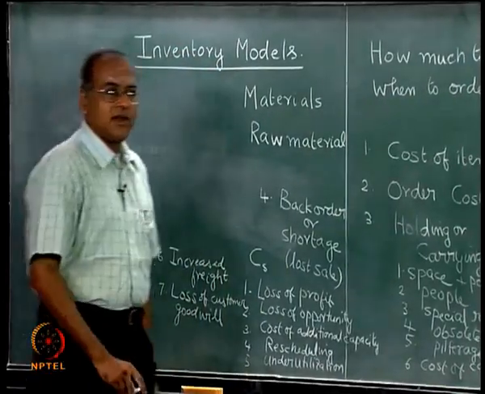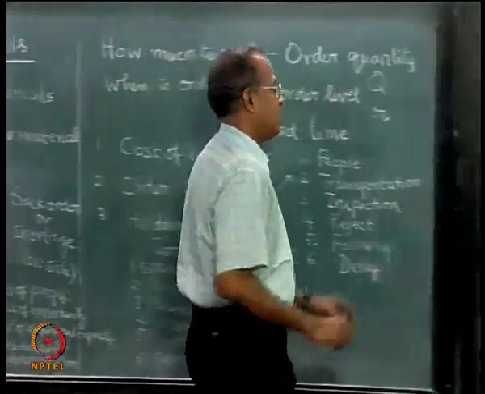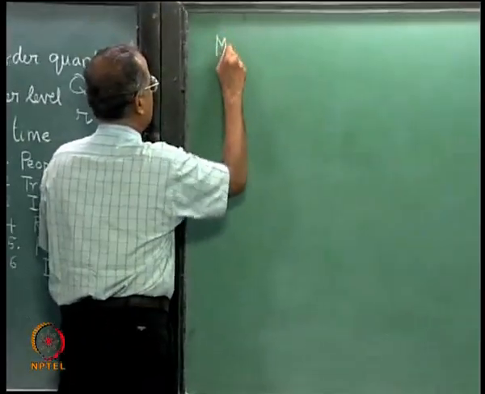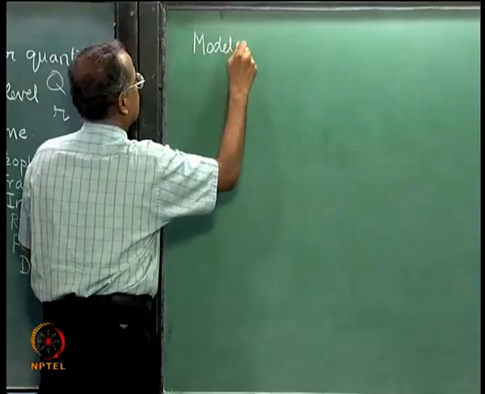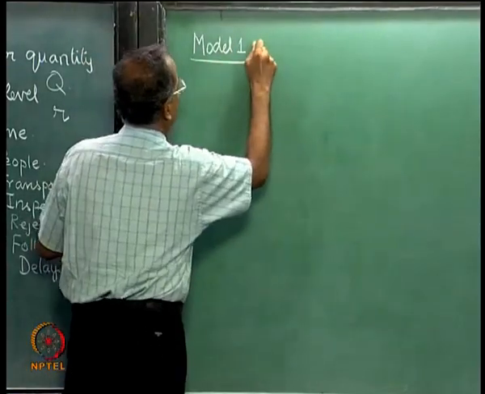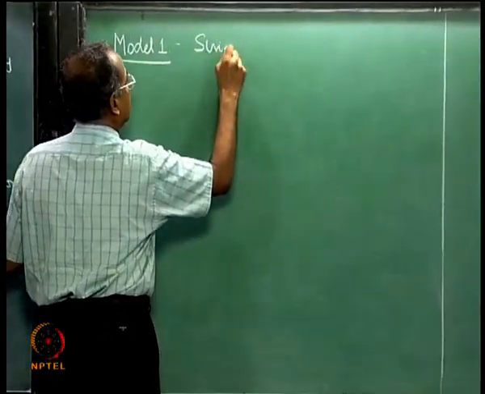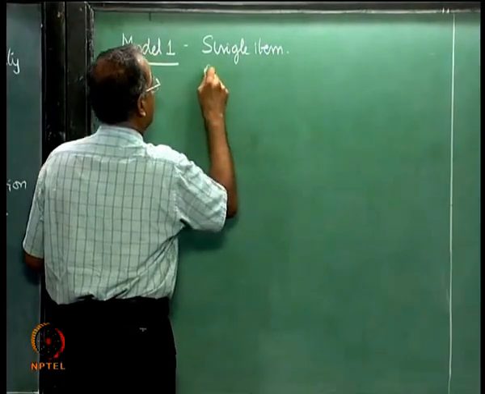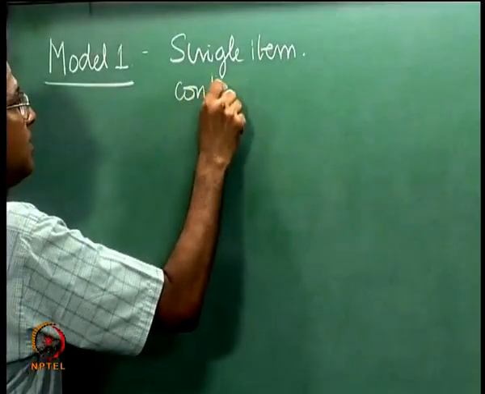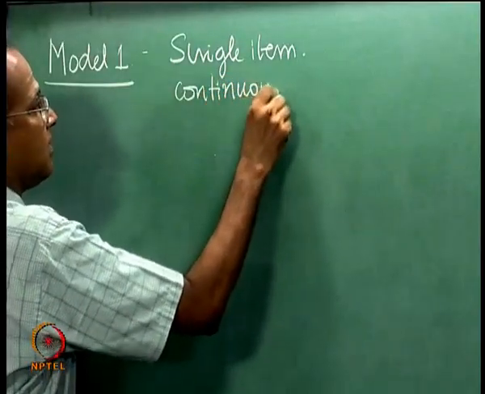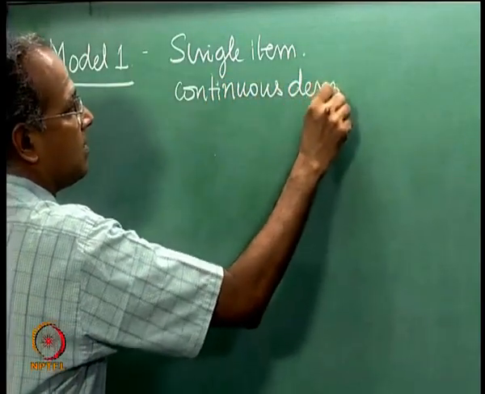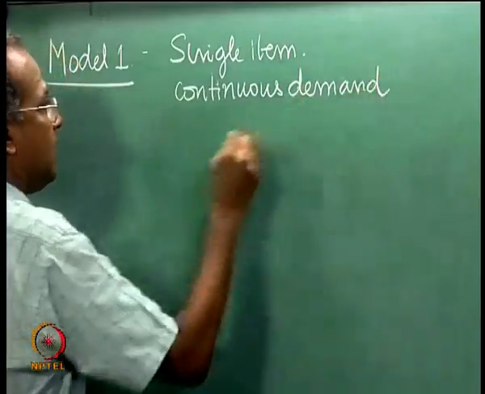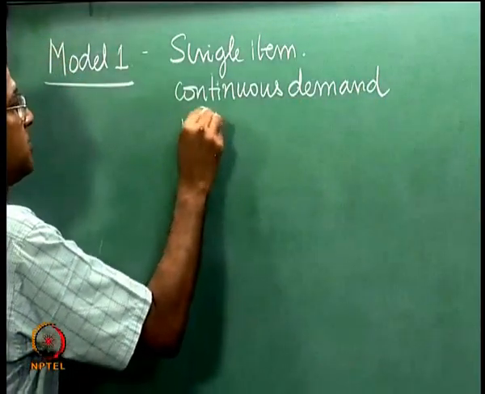So, the first inventory model that we will look at, which we call as model 1, is called single item, continuous demand and instantaneous replenishment.